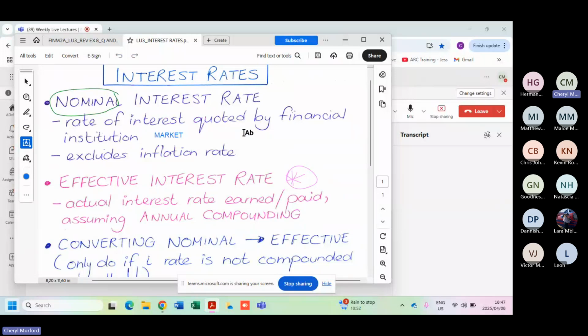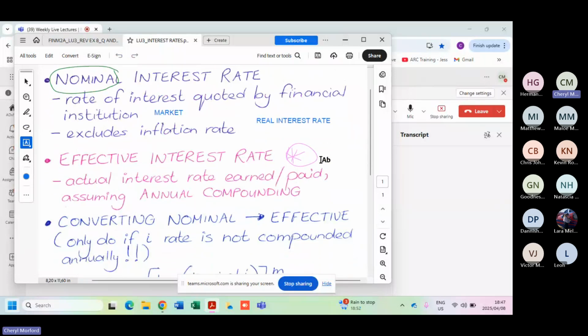If we want to adjust a nominal rate for inflation, then we actually have a real interest rate. That's something that you would do, let's say, in economics. So when you encounter the word nominal interest rate, it's simply the rate as determined in the market, and that's the amount that the bank or whoever will quote you.